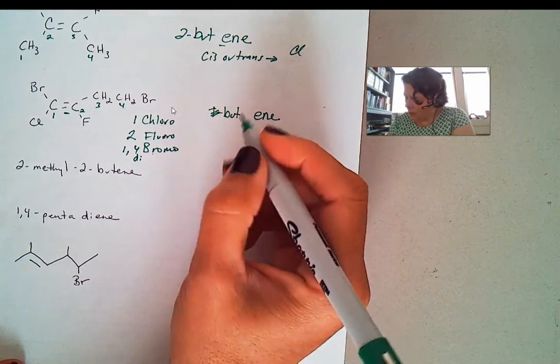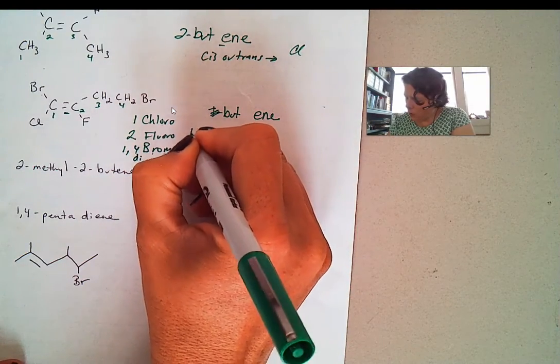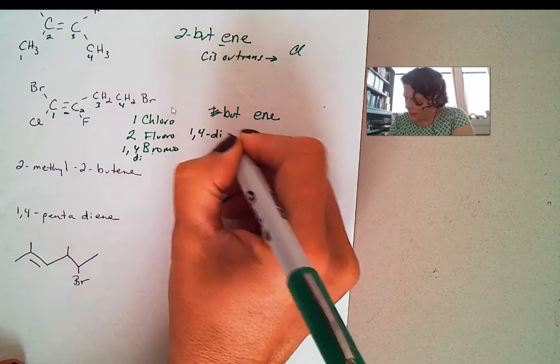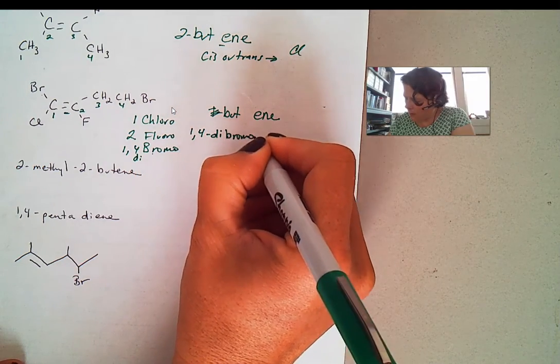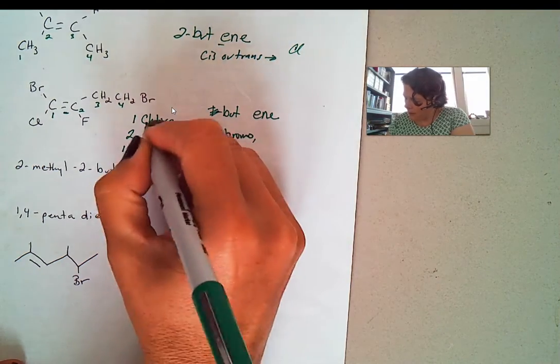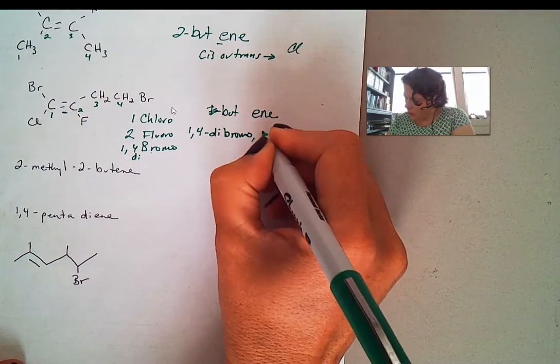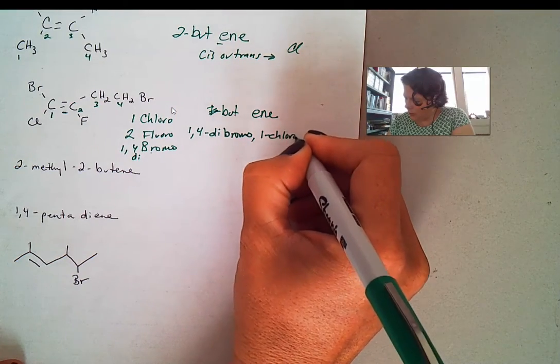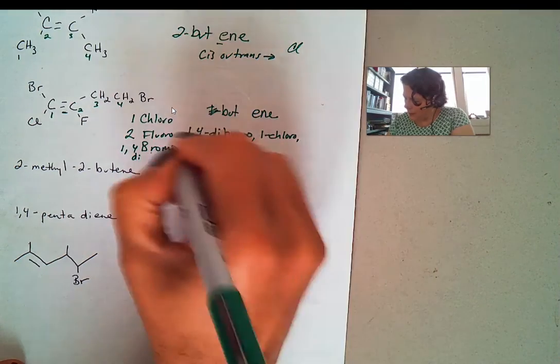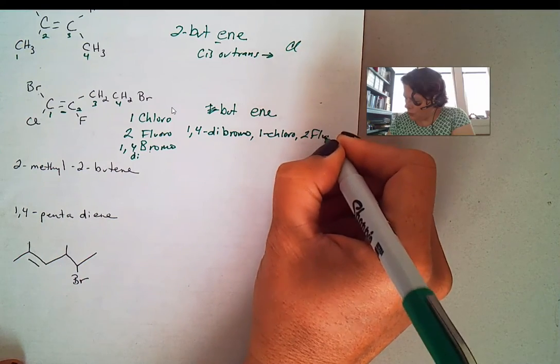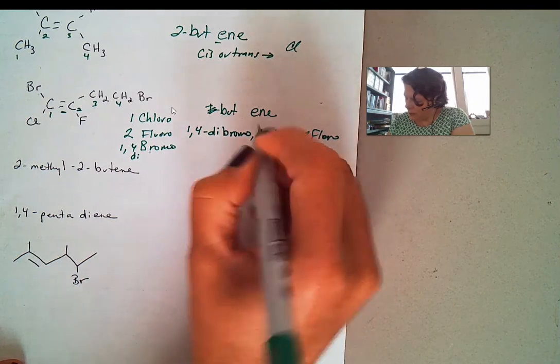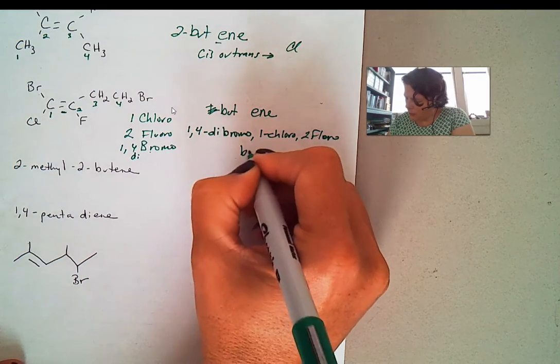We do these in alphabetical order, so this would be 1,4-dibromo. Then we do alphabetical order, so 1-chloro, and then 2-fluoro, and then butene.